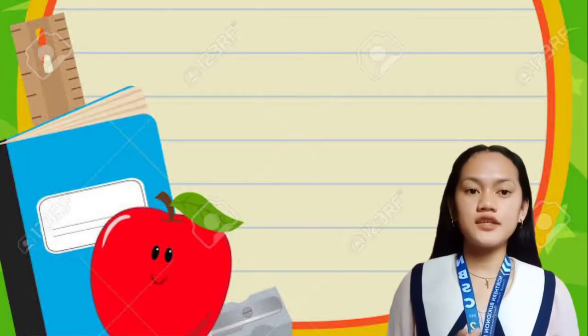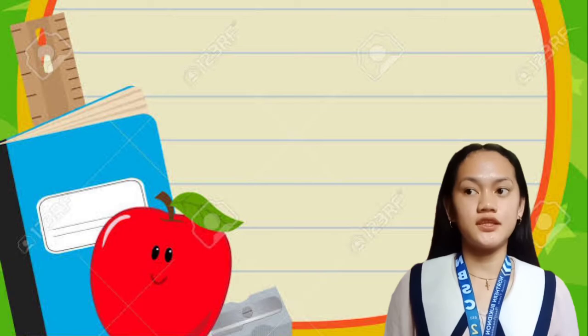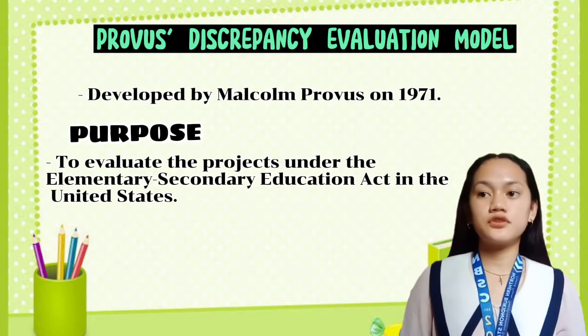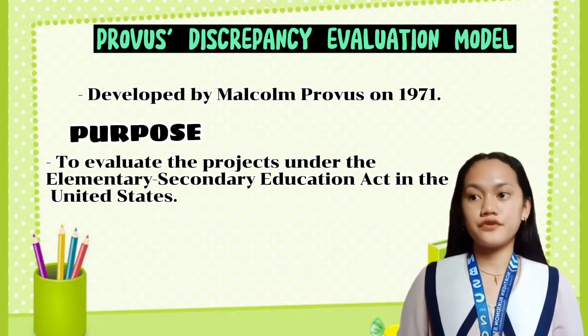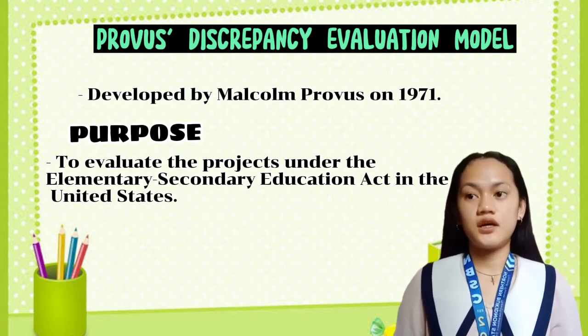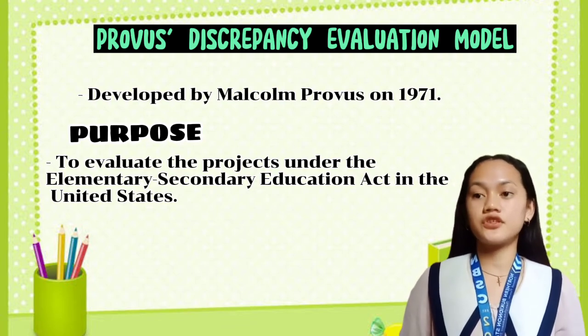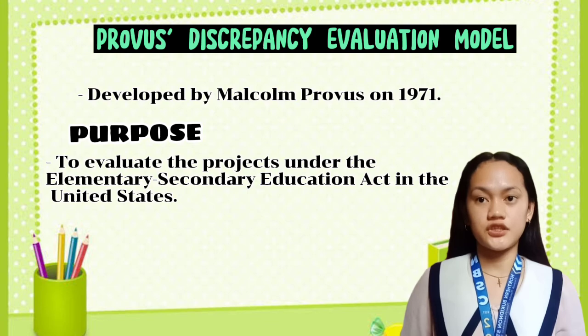The fourth and last model for today's discussion is Provus's Discrepancy Evaluation Model. This model of curriculum evaluation was developed by Malcolm Provus in 1971. The purpose of this model is to evaluate projects under the Elementary and Secondary Education Act in the United States.